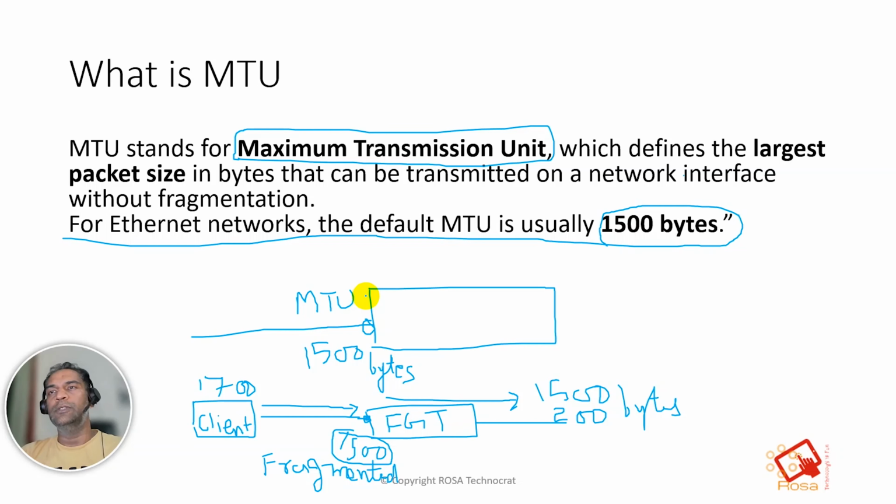In those scenarios there is a requirement to change the MTU of an interface, if you want a higher frame size and higher transmission speed, so that the packets don't get fragmented and you avoid any issues due to fragmentation.